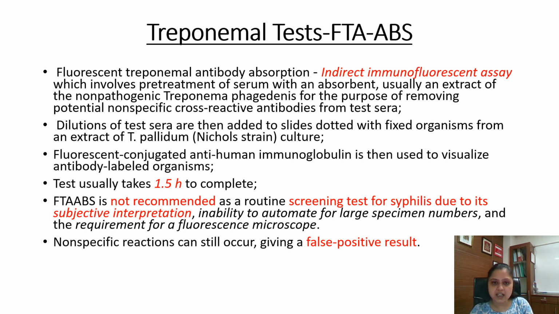Dilutions of the test sera are added to the slides, which are dotted with the fixed organism from an extract of Treponema pallidum, that is the Nichols strain culture. Then fluorescent conjugated anti-human immunoglobulin is added to visualize the antibody labeled organism.